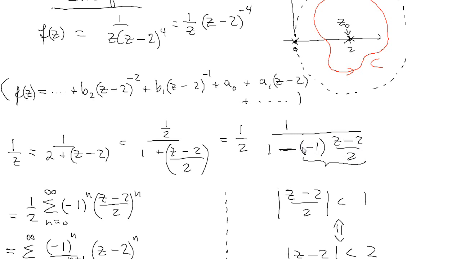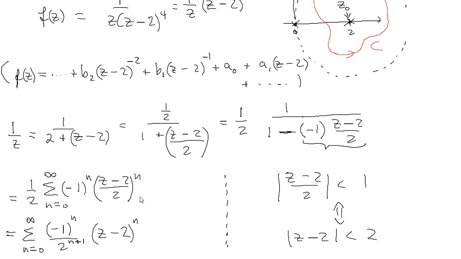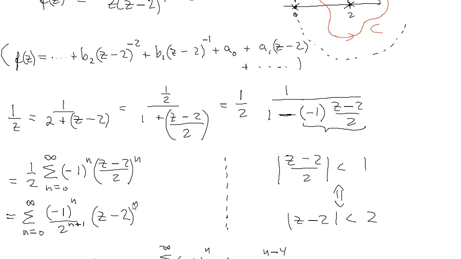So this is just equal to 1/2 times the sum of (minus 1) to the power of n times (z minus 2) over 2 to the power of n. So I can now multiply each term with 1/2, or 2 to the power of minus 1 if you like, and then I obtain these coefficients.